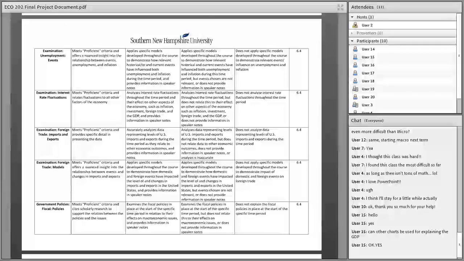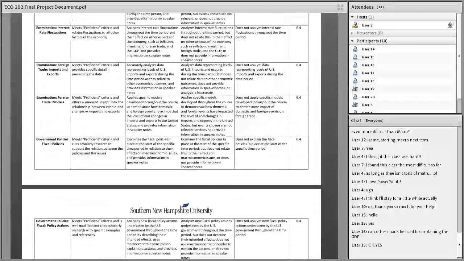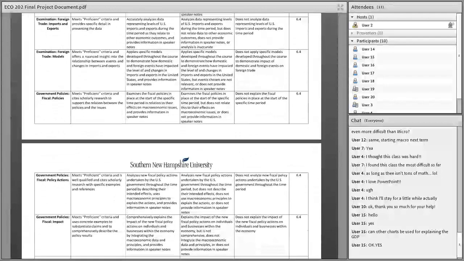So what events happen both in the US or outside of the US that could affect our trade, US trade? To be exemplary, you provide a nuanced insight of the relationship between the events. So if you see there's a trend here, when you're discussing the events, make sure they're relevant events and make sure you provide details, and you'll be exemplary.